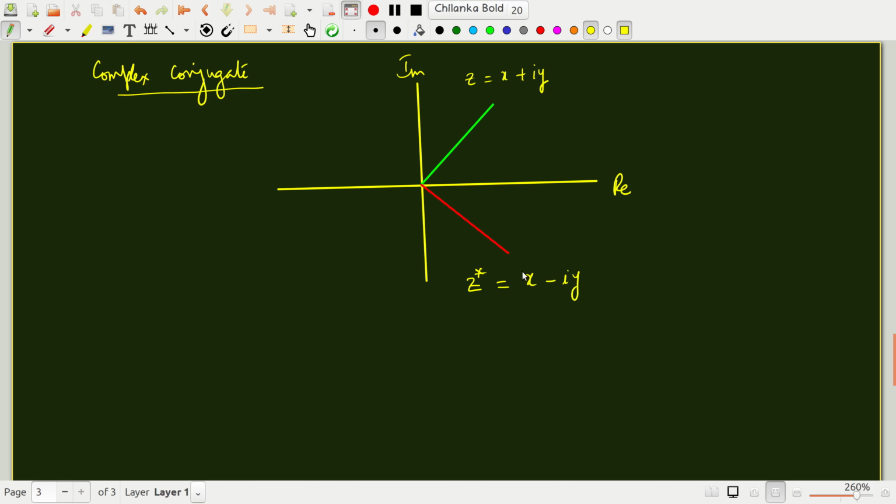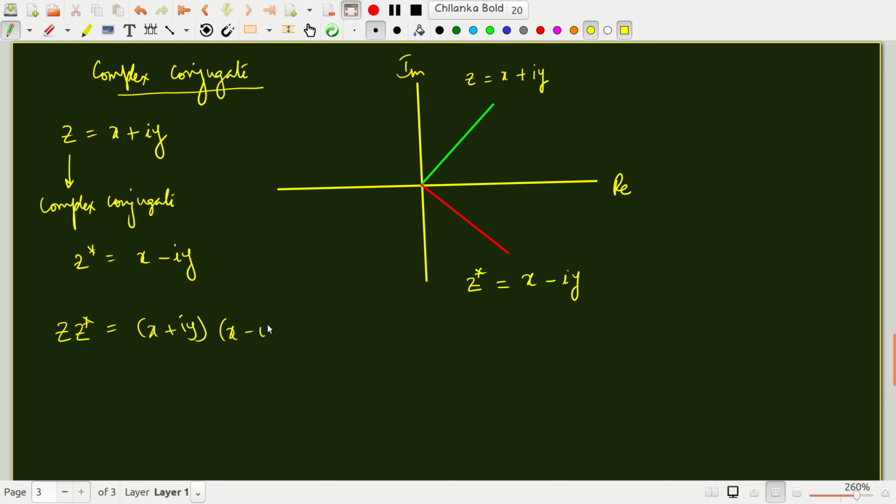So it's sort of like a reflection of this about the real axis. So if z is x plus iy, a given complex number, its complex conjugate, or simply the conjugate, z star, is x minus iy. Now you can immediately find what is z times z star. This is x plus iy times x minus iy.